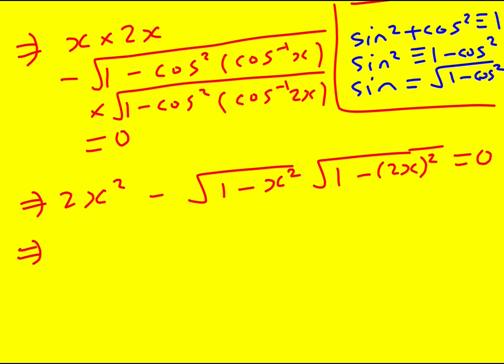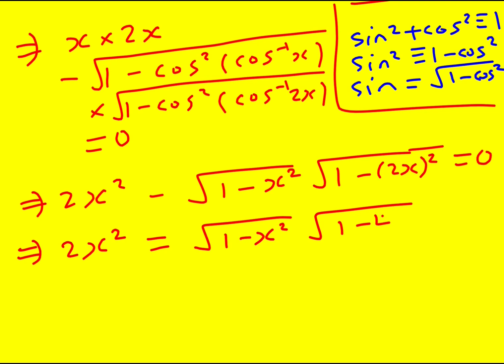So what can we do here? I can write 2x squared. I've got a square root at the moment. That's not great, but I can add this onto both sides. And actually, when you have a square root times a square root, you can just put it as a single square root.